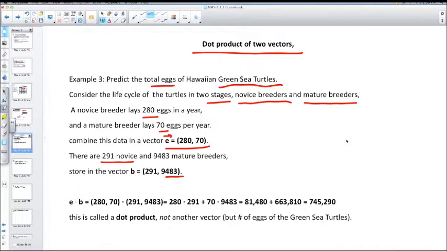You are going to multiply the number of novice breeders by the eggs they laid, add the number of mature breeders times the eggs they laid, and together, of course, that is the total eggs laid by both turtles.